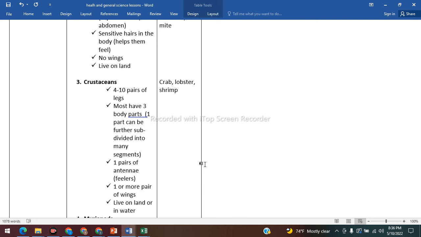Shrimp. Crustaceans. Conch. Not crustaceans. Mollusk. Univalve. Mollusks, or gastropod. Scallop. Mollusks. Bivalve. Very good. Sea anemone.